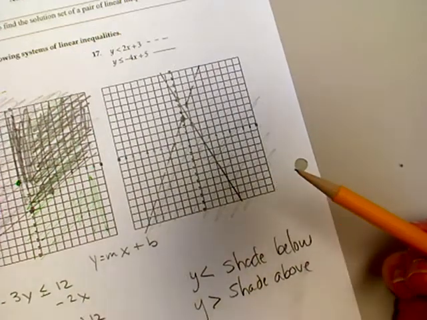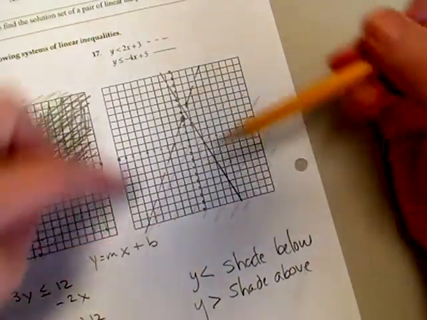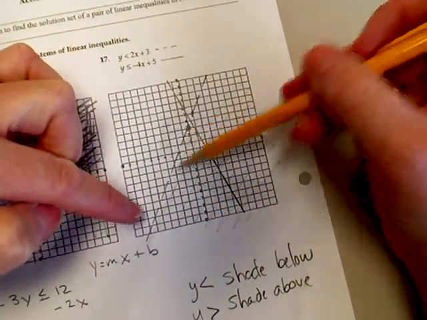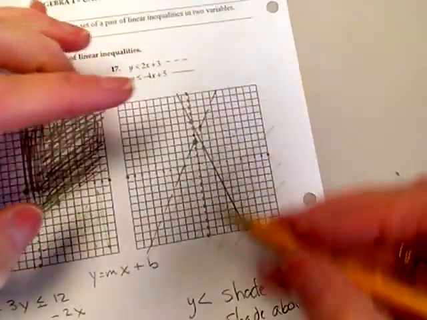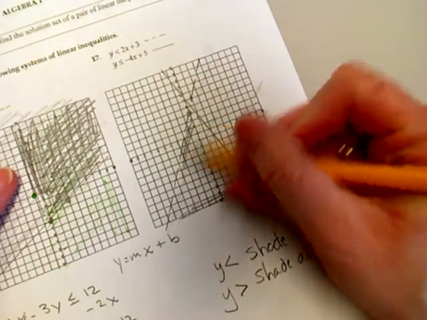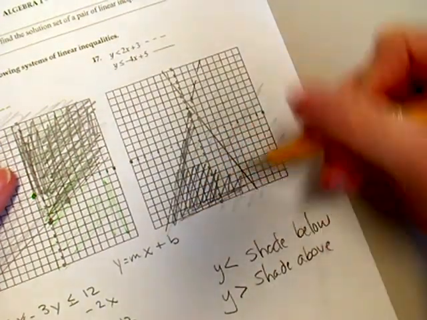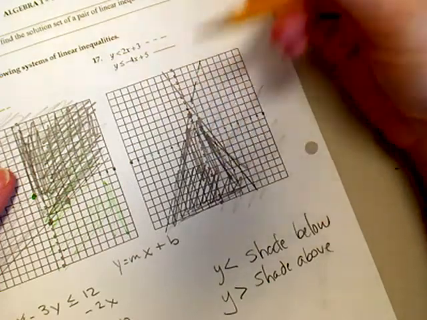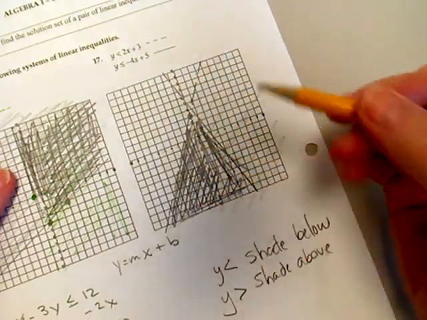So the area that's going to get shaded twice before I even start shading is this little area right here. That's the area that's going to get shaded twice. So that's the area that I'm interested in, because I shaded it twice.